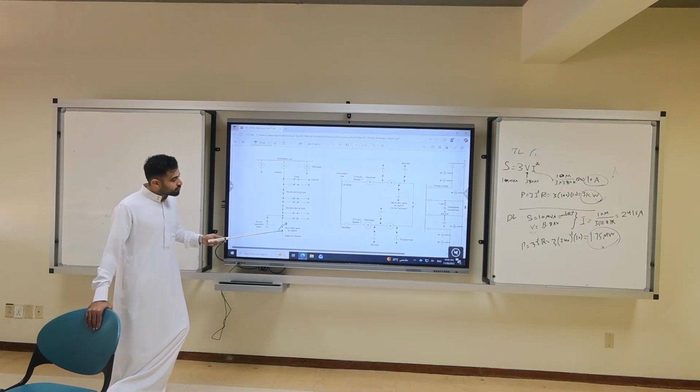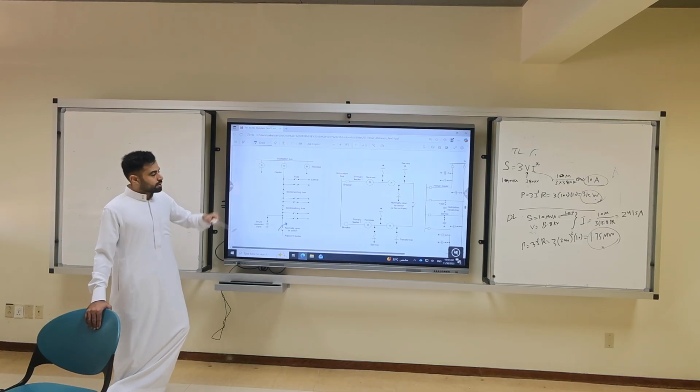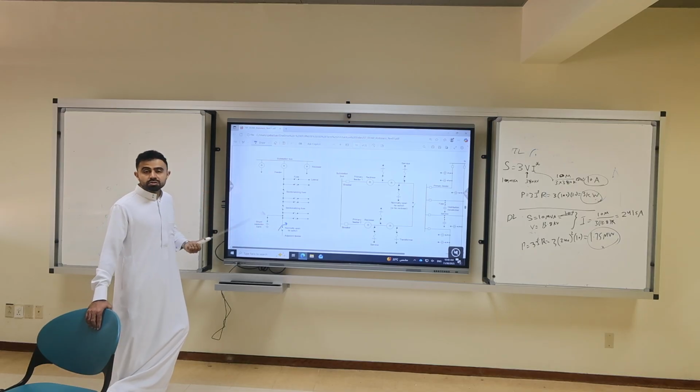So that's the purpose of radial, is everything is radial. It can be increased, decreased the length using the normally open. This is normally open. Under normal operation it should be open. In special condition we can close it, connect the adjacent feeder so that we can supply power.